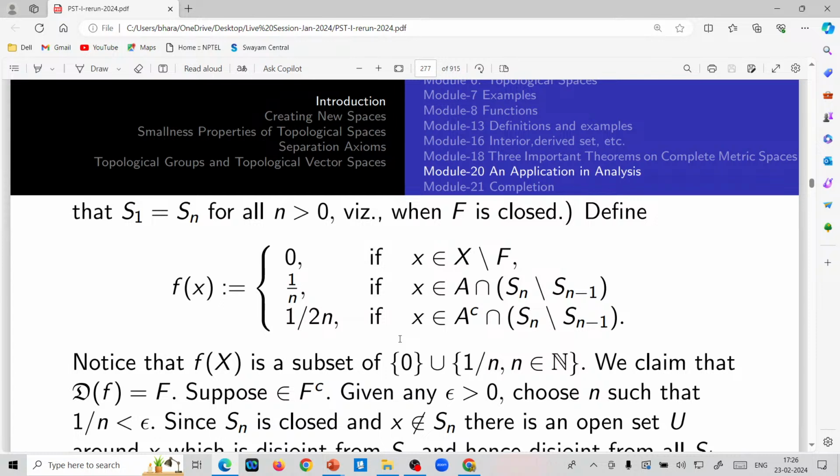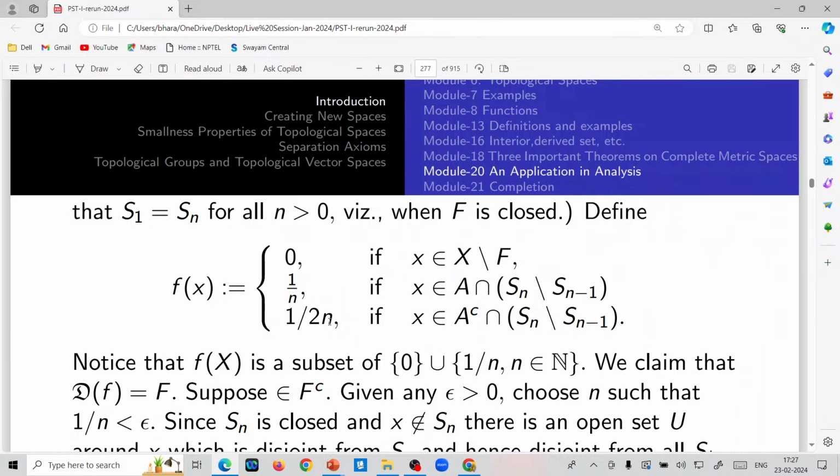Given any point of F, it will be in one of the Sn's. After that, it will be there in all the Sn plus 1 and so on, because Sn is contained in Sn plus 1. You look at the first n for which x is inside Sn. If it's a point of A, you take it as just 1 by n. If it is a point of the complement of A, then you write it as, not 1 by 2n, but something like pi by n.